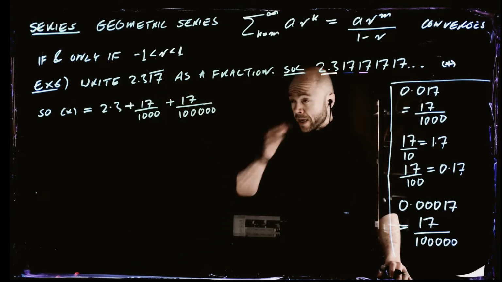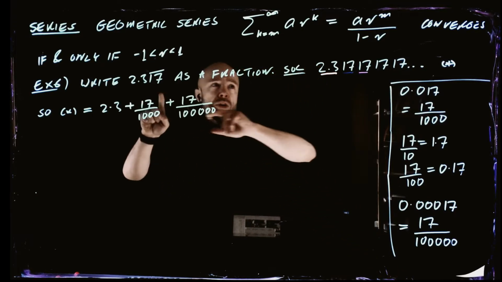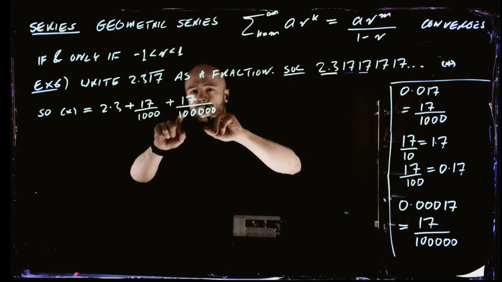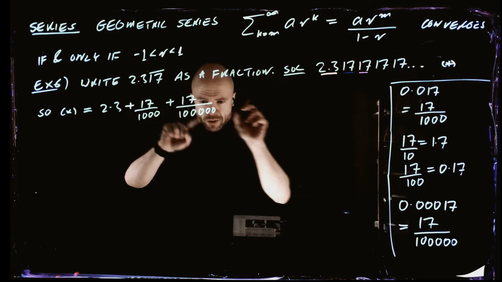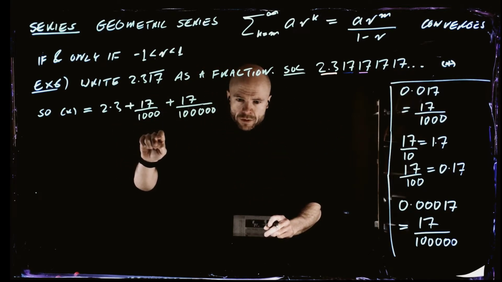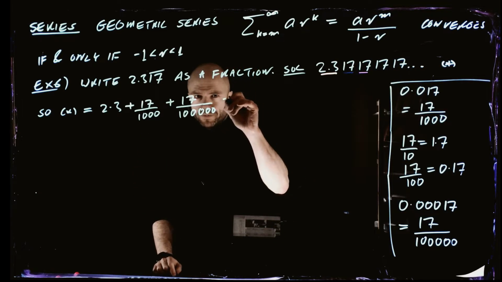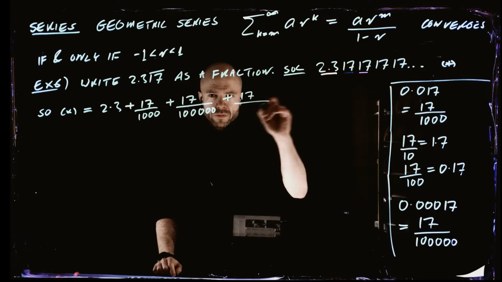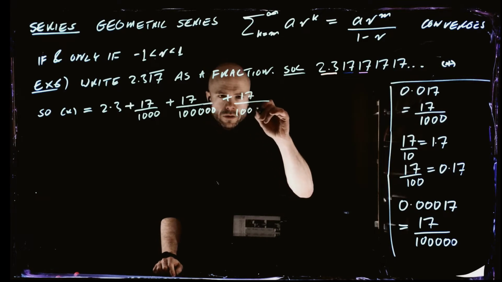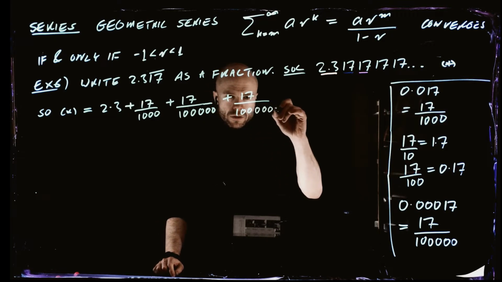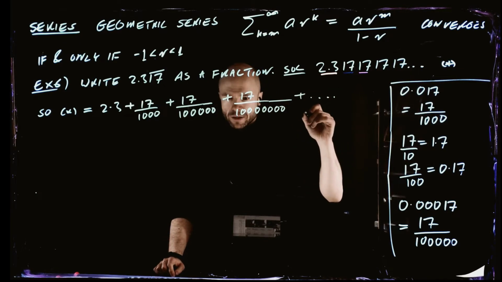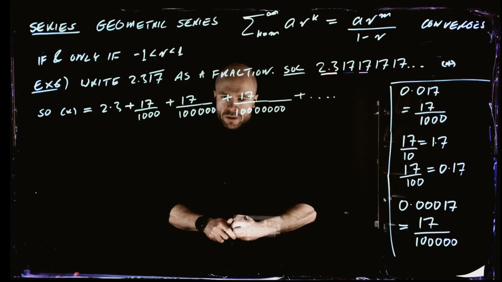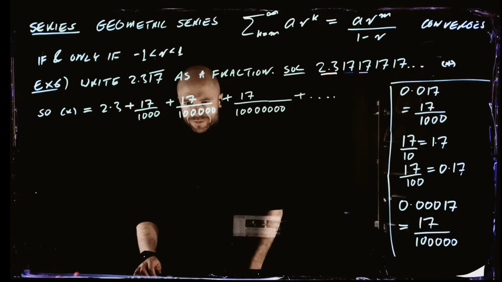Cool. And then we just continue, so that every time we want to get the next 2 digits, we have to put 17 divided by some number which has another 2 zeros from the last number. So we keep doing this, and so on like this. Cool.